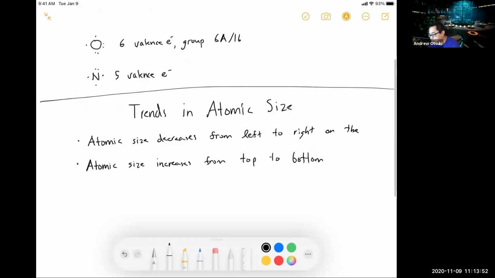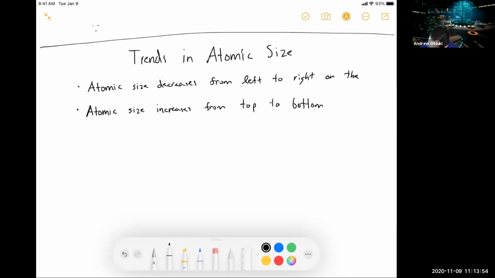Okay, so now let's talk about the reasons for these trends. So here are the reasons. The first reason is the highest occupied energy level. So when you occupy higher energy levels, let's just write this down.